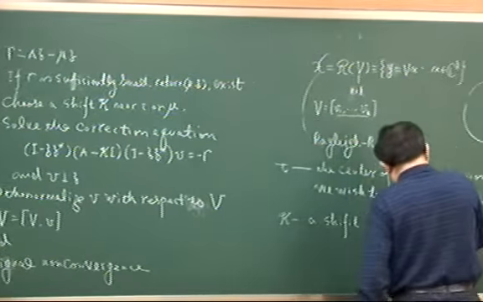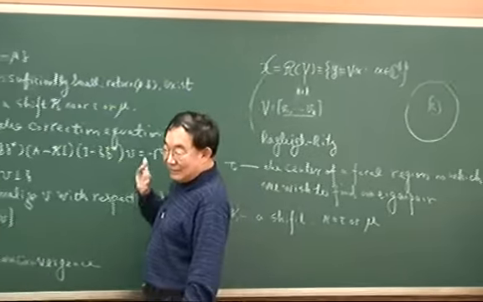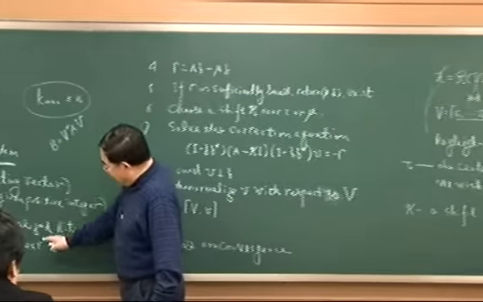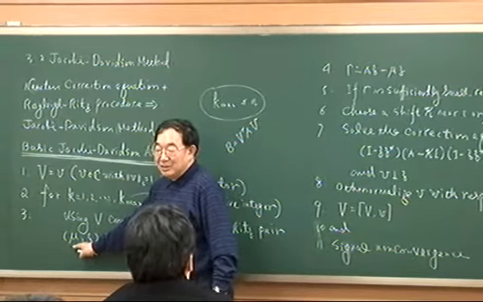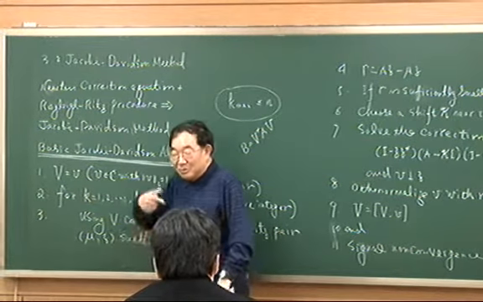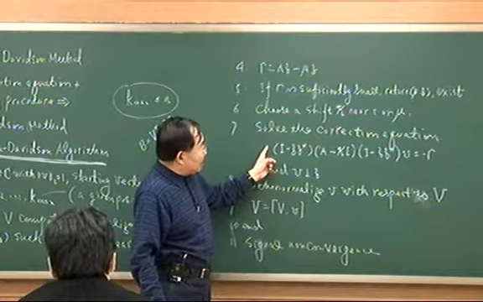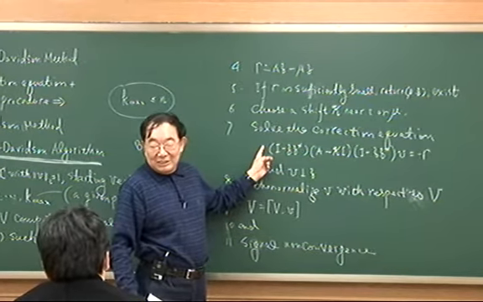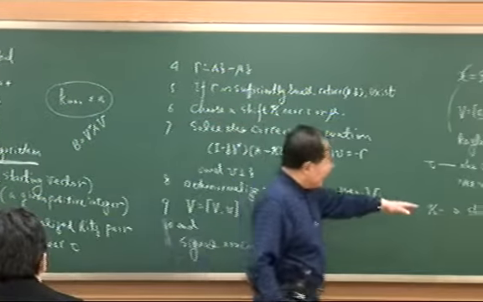But if you take kappa as mu, the mu will change every step because it is an eigenvalue approximation, so every step you must solve a different system.